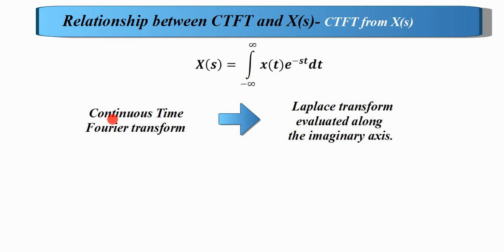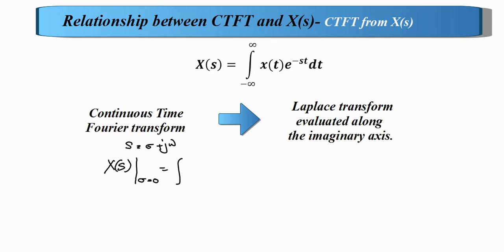In words, we can obtain the continuous time Fourier transform from the Laplace transform by evaluating along the imaginary axis, or in a very simple way, we evaluate X of S when sigma is equal to 0.